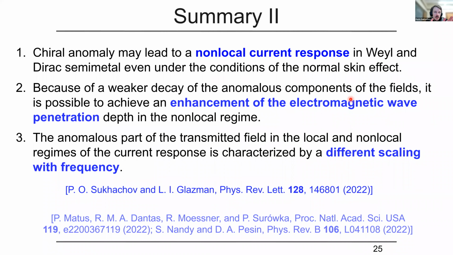This is quite important because we have a sort of anomalous skin effect, but it's not anomalous in the sense regularly used in the literature. We still have a mean free path that is much smaller than the skin depth. Because of a weaker decay of the anomalous component of the fields, it's very possible to reach an anomalous enhancement of the electromagnetic field penetration depth in the non-local regime.